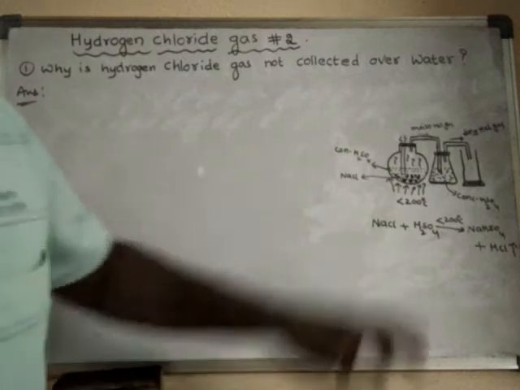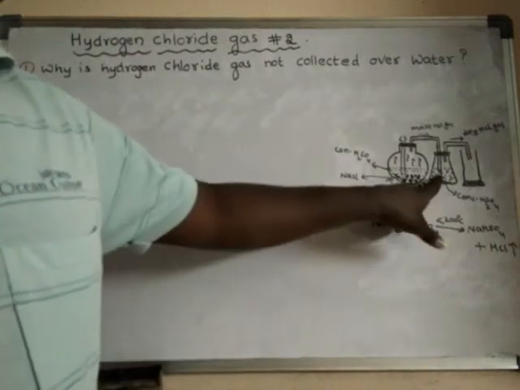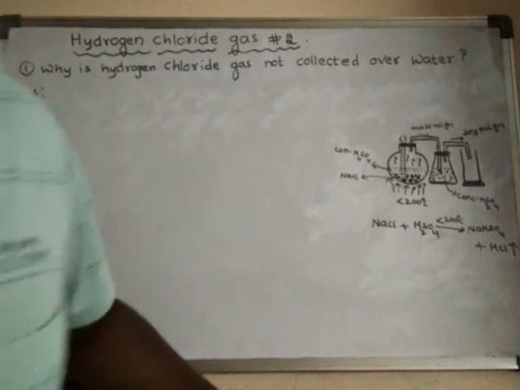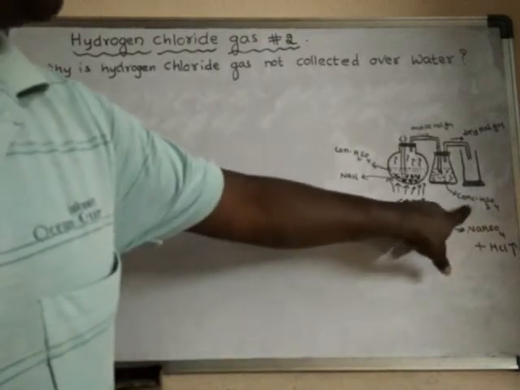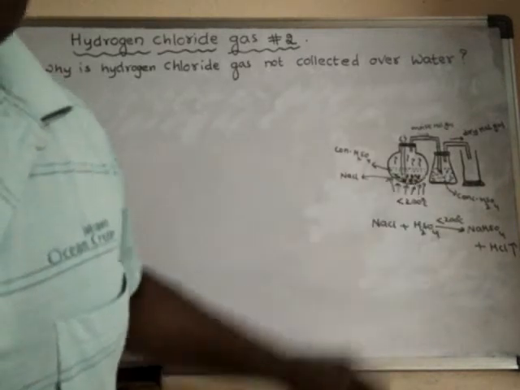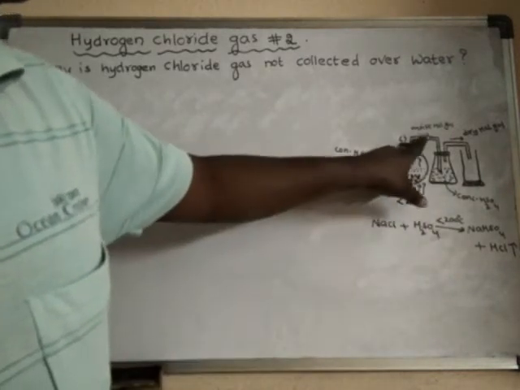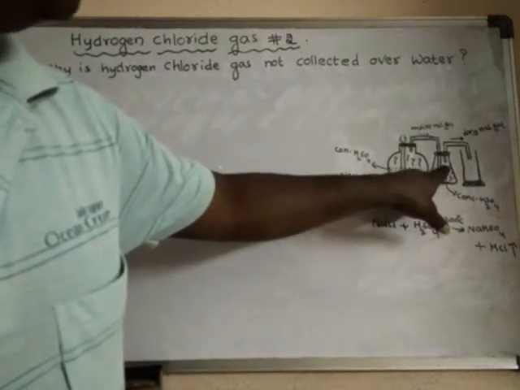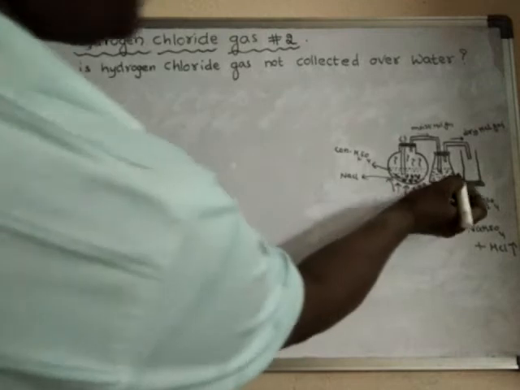Here the concentrated sulfuric acid acts as a dehydrating agent. That means it will absorb the moisture present in the HCl gas. All the moisture is absorbed here, but the HCl gas is not absorbed.